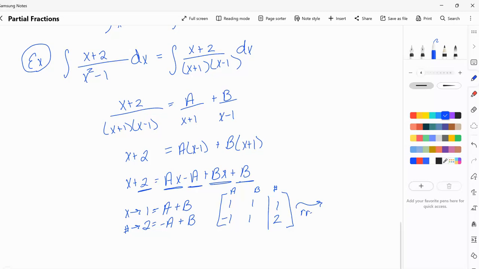And then we're going to do RREF. Now you can solve using substitution or elimination. I like using matrices. And I'm going to solve the rest of these off screen.